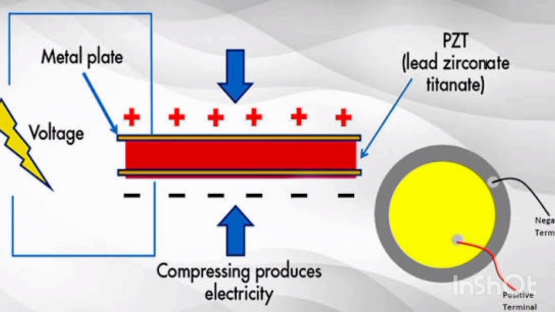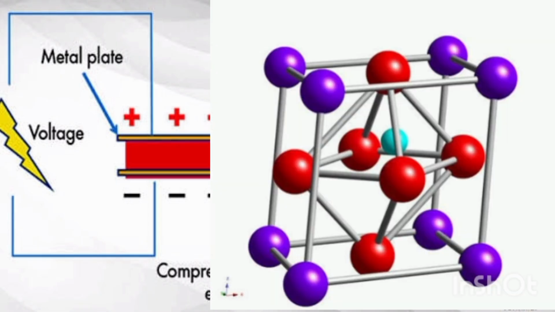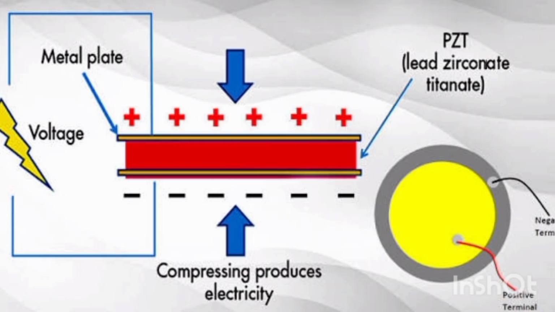Certain materials have atoms arranged in such a way that when pressure or vibration is applied, the positive and the negative charges become separated, generating a voltage.